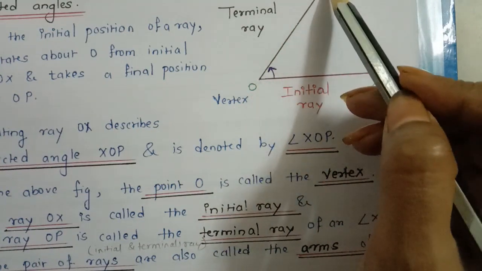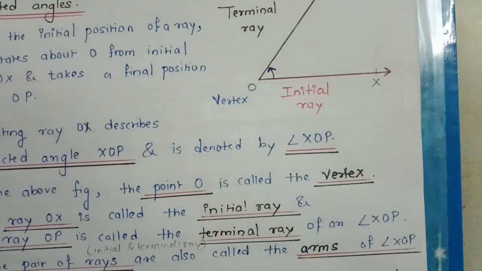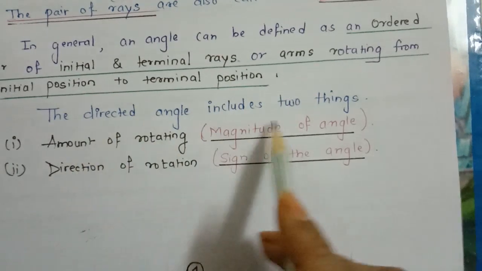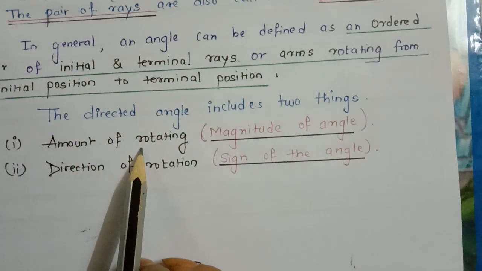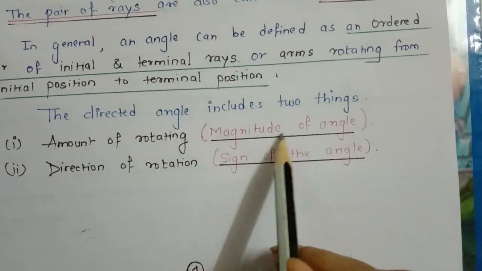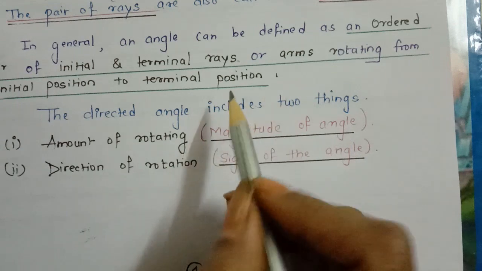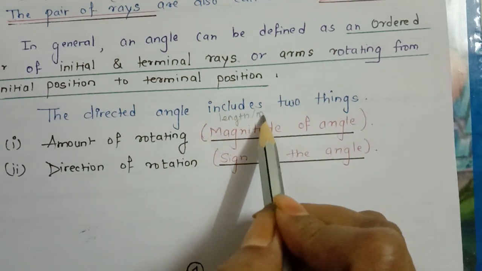Here it's OP, which is the terminal ray. So this makes the directed angle, that is angle XOP. Now the directed angle includes two things. The very first one is the amount of rotation, that is the magnitude of the angle. We all know the meaning of magnitude. Magnitude is nothing but the length, or any measurement.